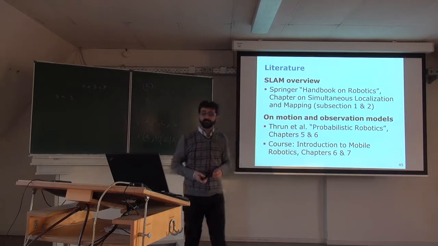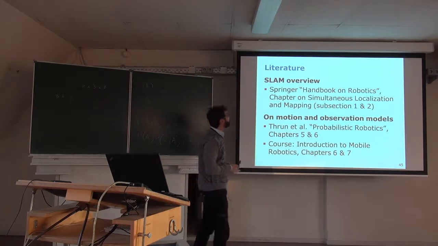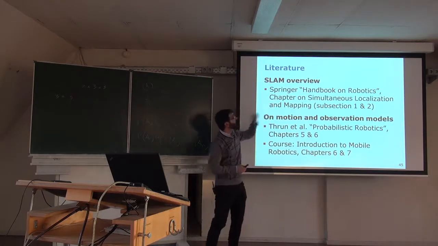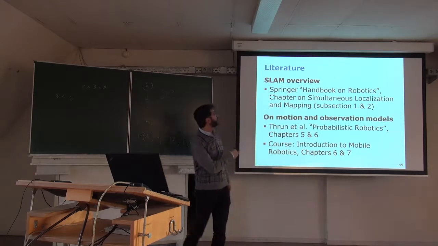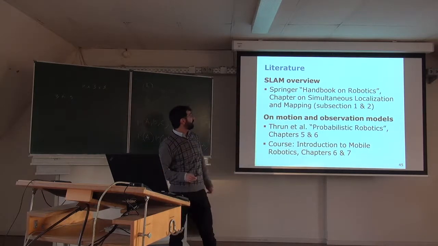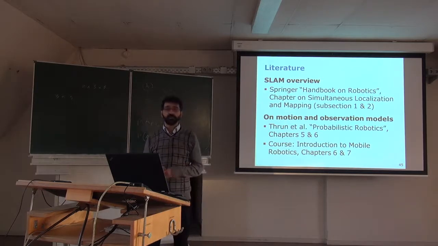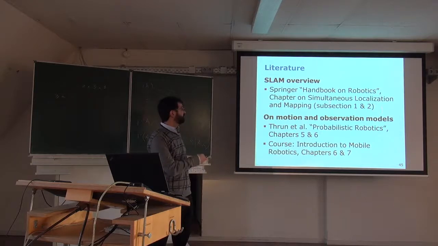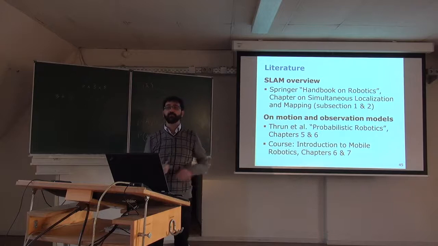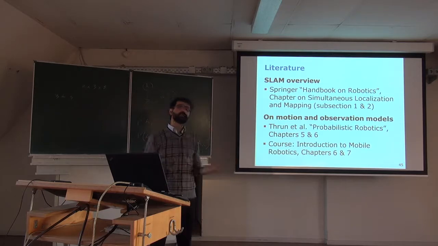So as literature for this, you can get the Handbook of Robotics, which is a book that should be in the library. You don't really need to read too much about that, just the first subsections, or you can also get Probabilistic Robotics, and there is one small section that tells you what SLAM is, but this is more of a general idea, and the slides suffice for that.